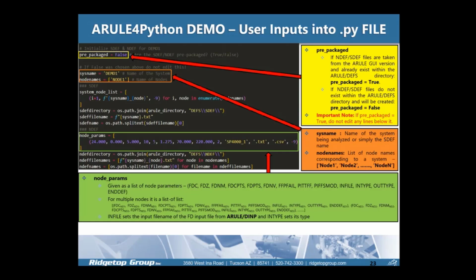And if you're creating them using this API, you would specify that as false. There are a bunch of other things here, like your sdef name and the ndef names within that sdef. And finally, down here you can call the input parameters that you give it, similar to the GUI, but in Python you have to put all of them in parentheses to create an array.